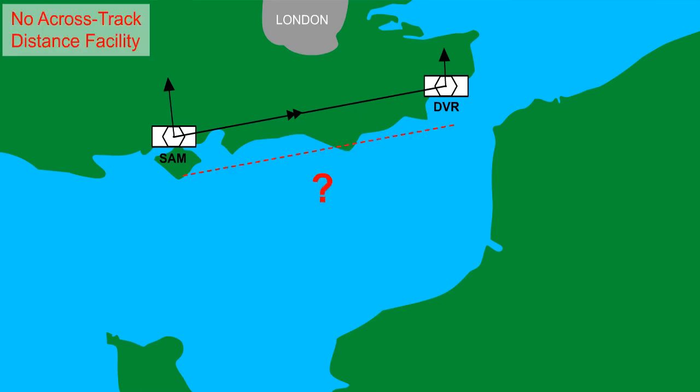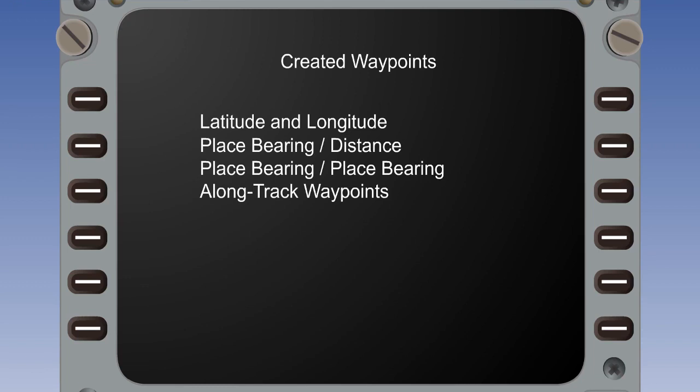But there is no across-track facility as, again, this is not unique. It could be anywhere along the displaced track, and so is not allowable. These created waypoints are normally put into the temporary nav database and are therefore automatically erased at the end of the flight.